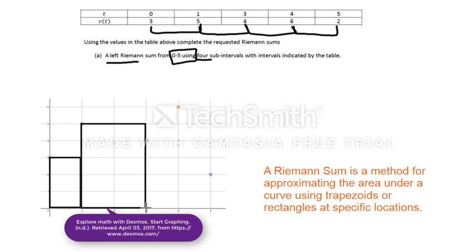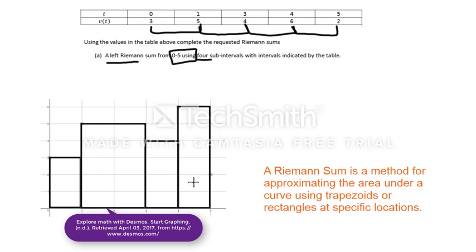Then, from 3 to 4, we're going to create another rectangle, making sure that the height of that rectangle is given by the left y value right here. And then we have our last rectangle. We'll notice one thing interesting with a left Riemann sum is that our final y value on the right will actually become unnecessary in our calculations.